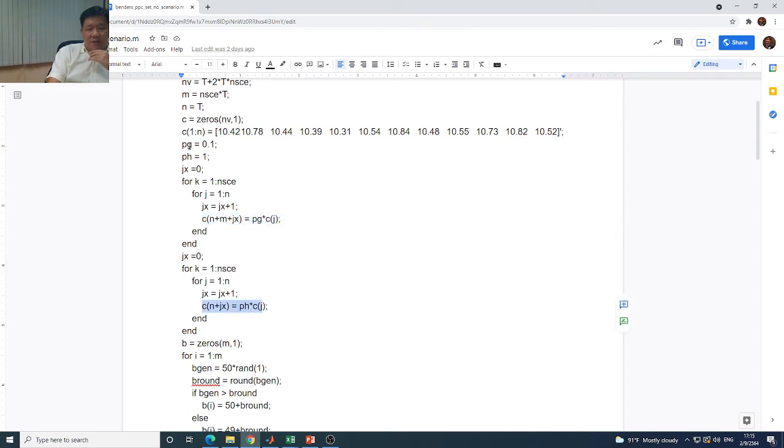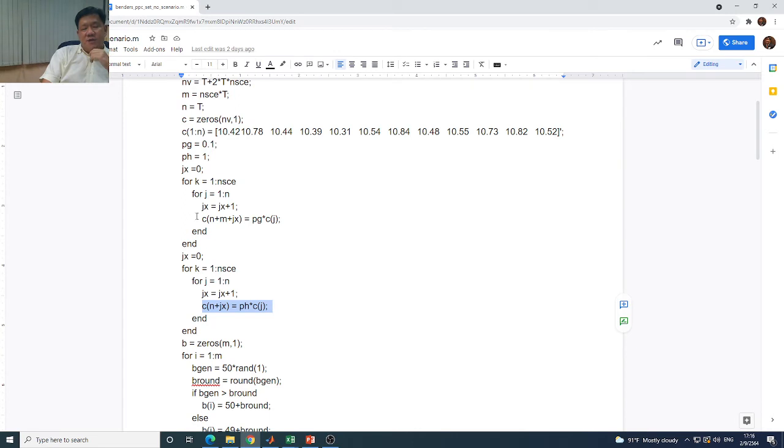You remember PG is the percentage of G, which we set to 0.1. This is for I minus, the cost per unit, and pH is 1, for the holding cost for I plus. You know that the corresponding cost coefficient element is just Cj times Pg if the index refers to I minus, and when it refers to I plus, we just use this formula.